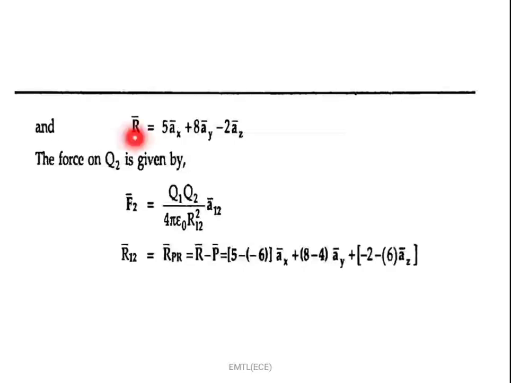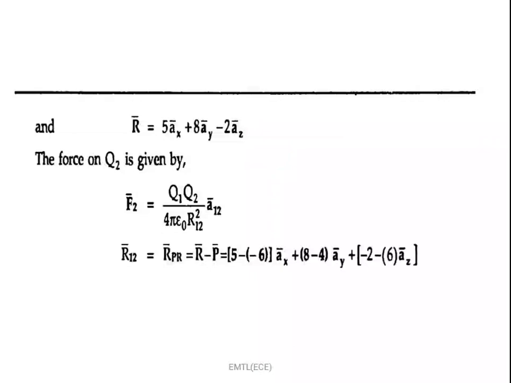Similarly, for the point R 5, 8, minus 2, the position vector is R bar is equal to 5 AX bar plus 8 AY bar minus 2 AZ bar.